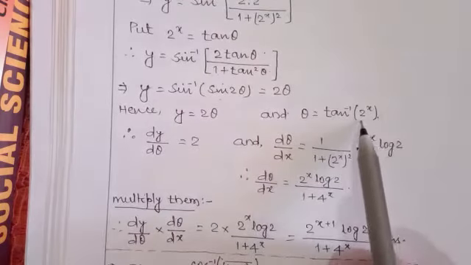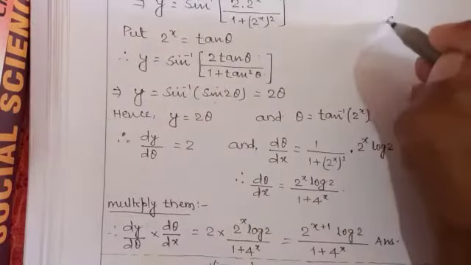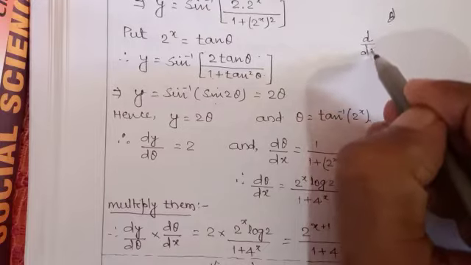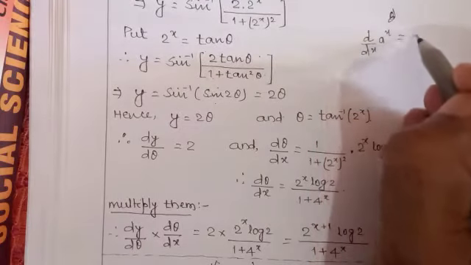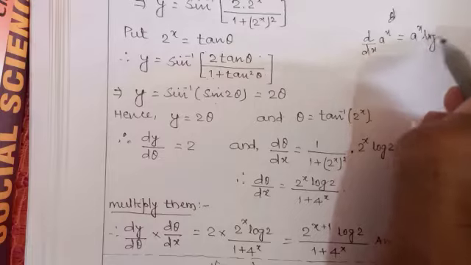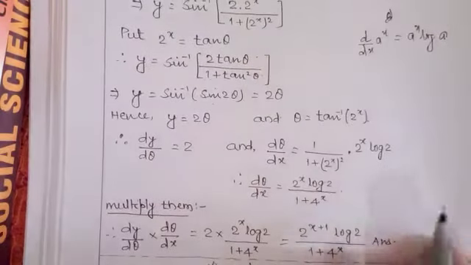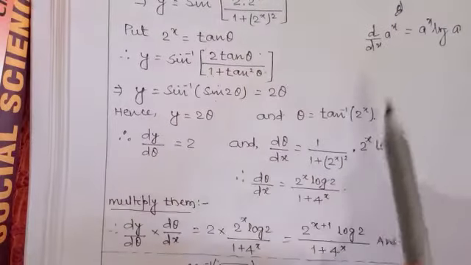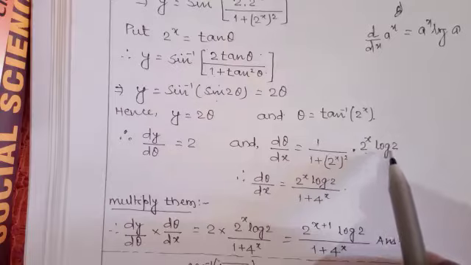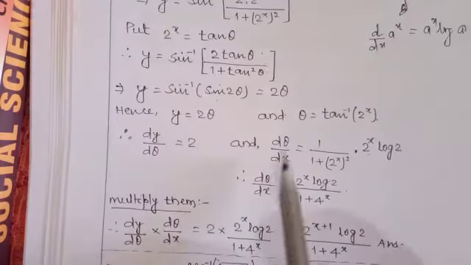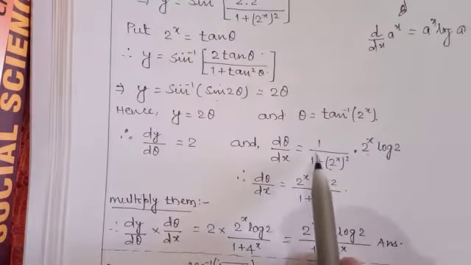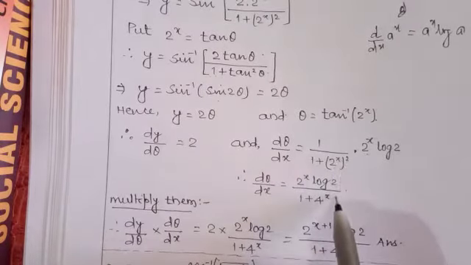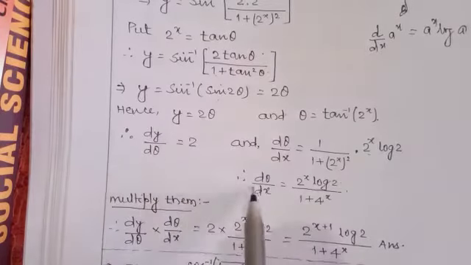Now differentiation of 2 to the power x: you know differentiation of a to the power x is a to the power x log a. So here a is 2, so it should be 2 to the power x log 2. This is the value of d theta by dx: 2 to the power x log 2 upon 1 plus 4 to the power x.